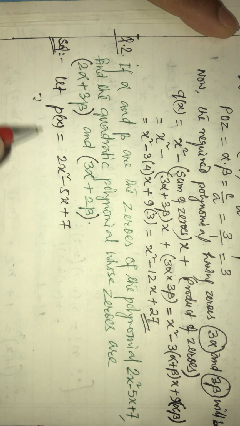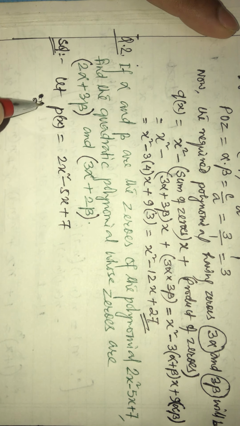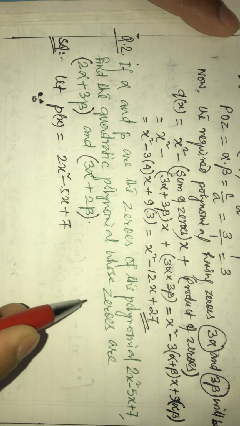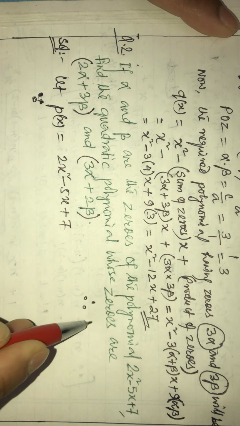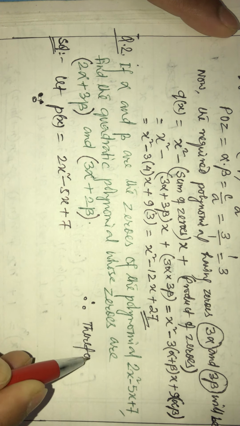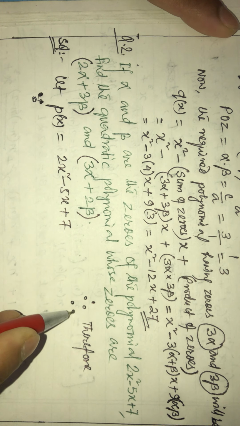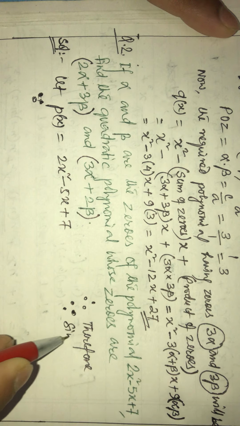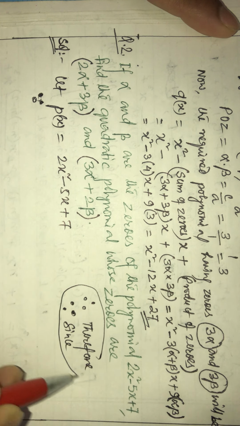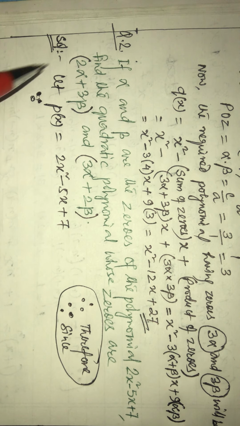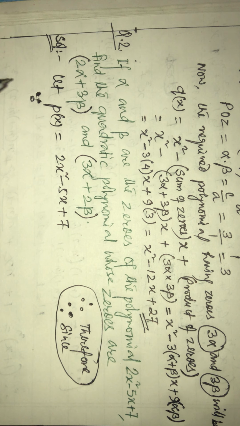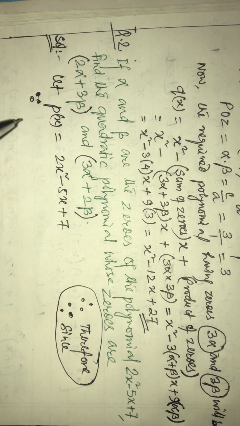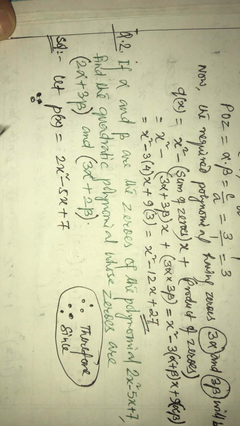So I'll write 'since'. Many of you are still confused, remember this one is 'therefore', with 2 dots up and 1 dot down, and this is 'since', with 2 dots up, 1 dot down. So don't get confused. This is how we usually write, so try to follow this.